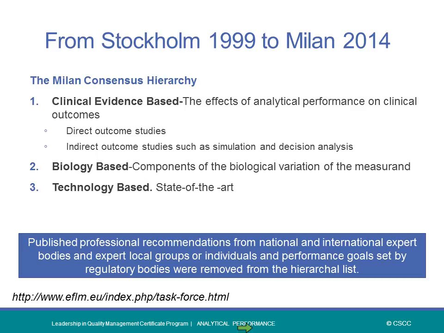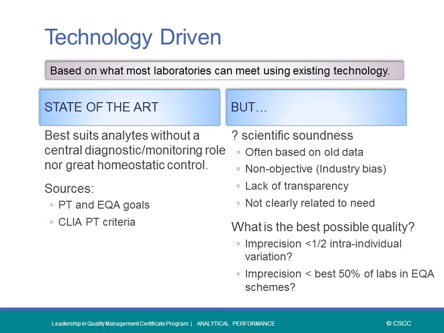But in terms of technology driven, and I think this is one that we use very often as a source for our quality specifications, that's state of the art. According to this consensus conference in Milan, this one best suits analytes without a central diagnostic or monitoring role, and for analytes where there is not great homeostatic control.